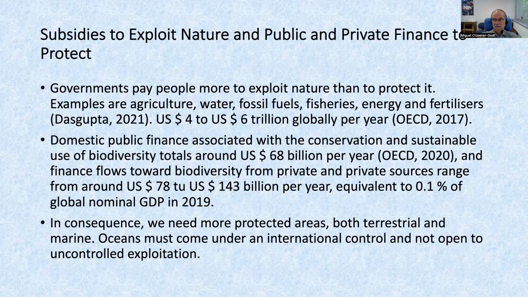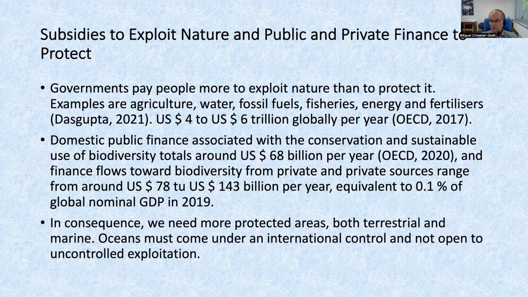But the contrary, public finance for conservation, sustainable use of biodiversity flows along OECD around 68 billion per year. Trillion, billion. And finance flows towards biodiversity from private sources, private investors, from 78, let's say, to 144 billion per year. This is 0.1% of the global GDP in 2019. These are ridiculous figures that go into these protection measures.